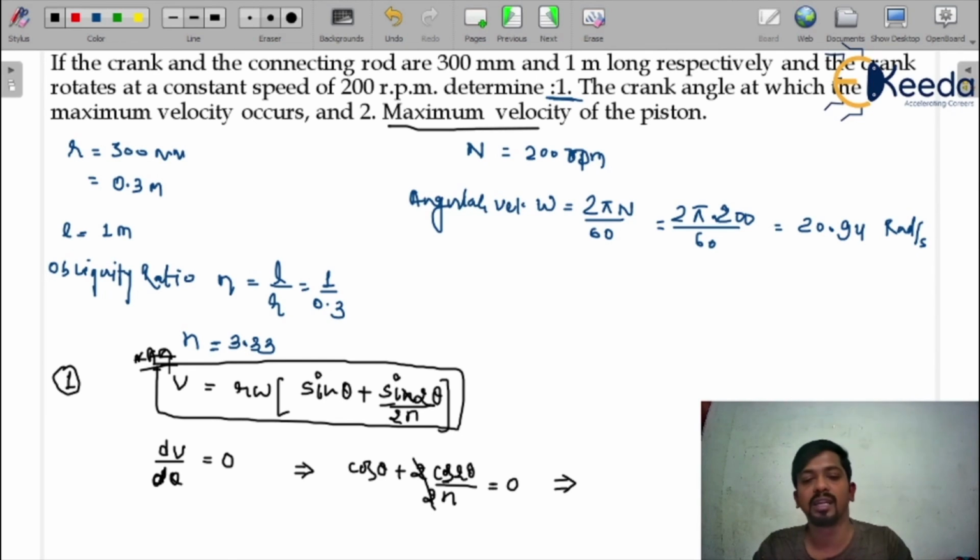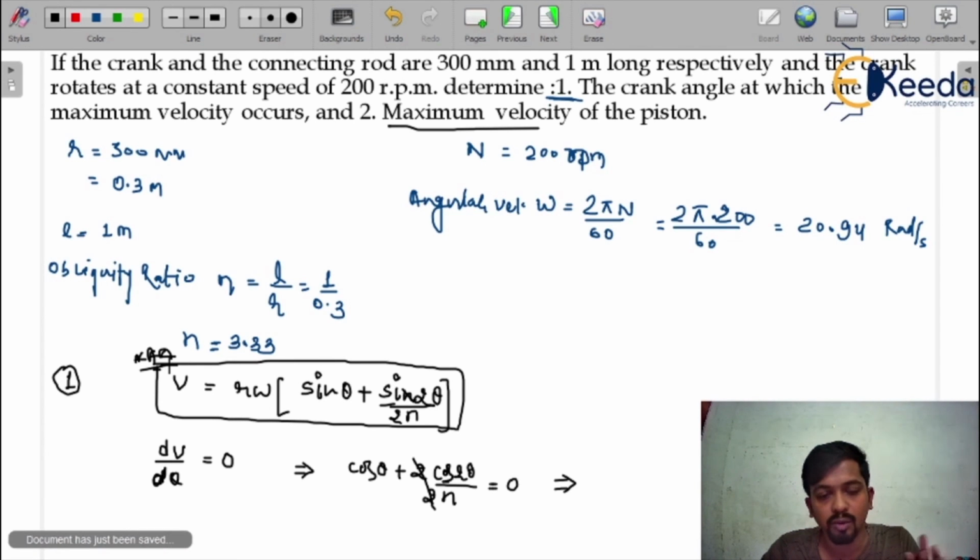That's why I'm saying you have to remember the formula directly, because once you write it down in the examination, you cannot change it. You just have to learn the accurate formula.